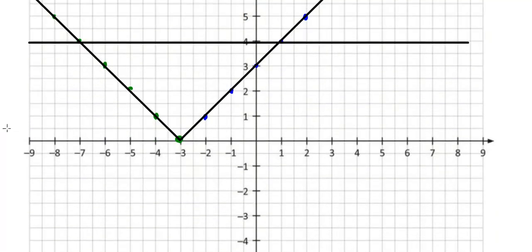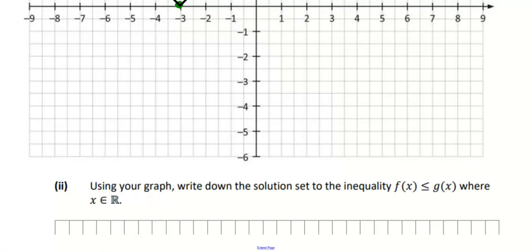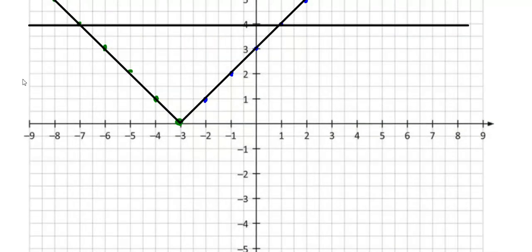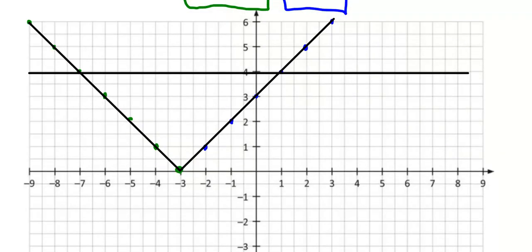Now, hey guys, using your graph, draw the solution set of the inequality where f of x is smaller than g of x. Okay? Now lads, where is the V-shaped graph smaller than the straight line?